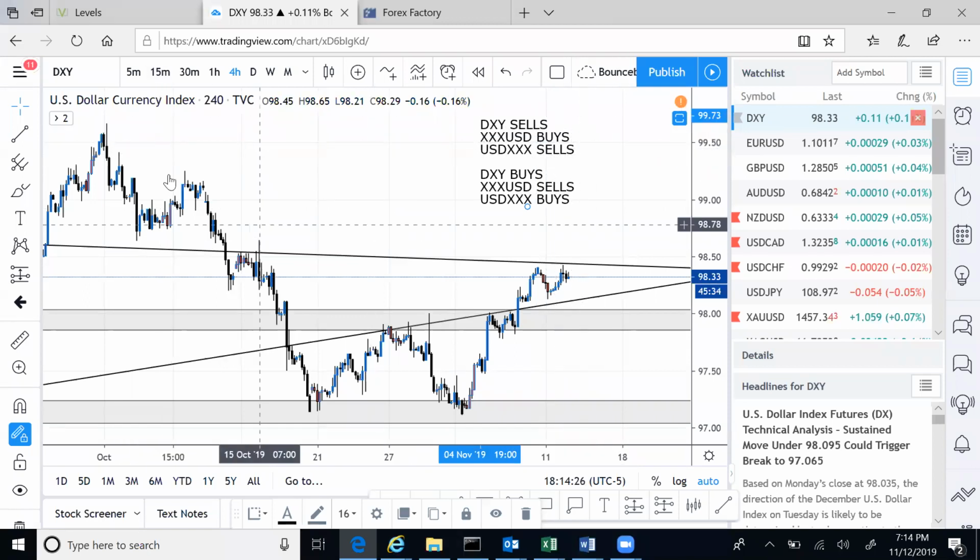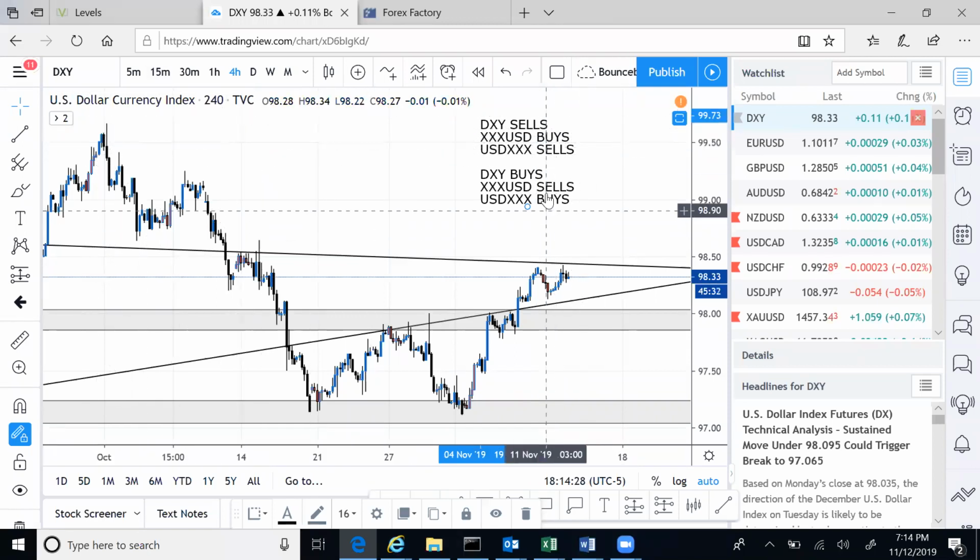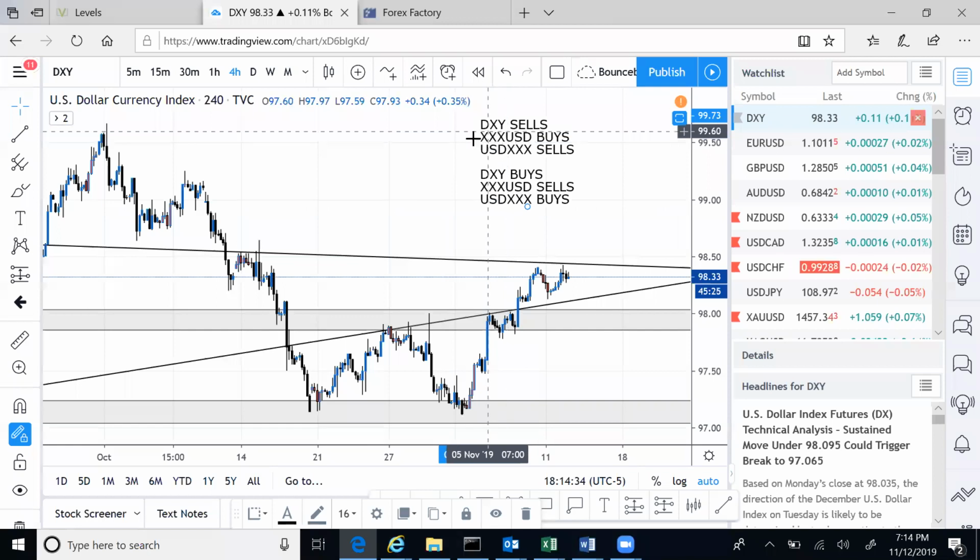DXY, the US dollar currency index. If the DXY is selling, then XXX, whatever pair is in front of the US dollar, will do the opposite. And if the US dollar is the base currency, then it will go the same direction as the DXY. And the same thing applies if it buys.